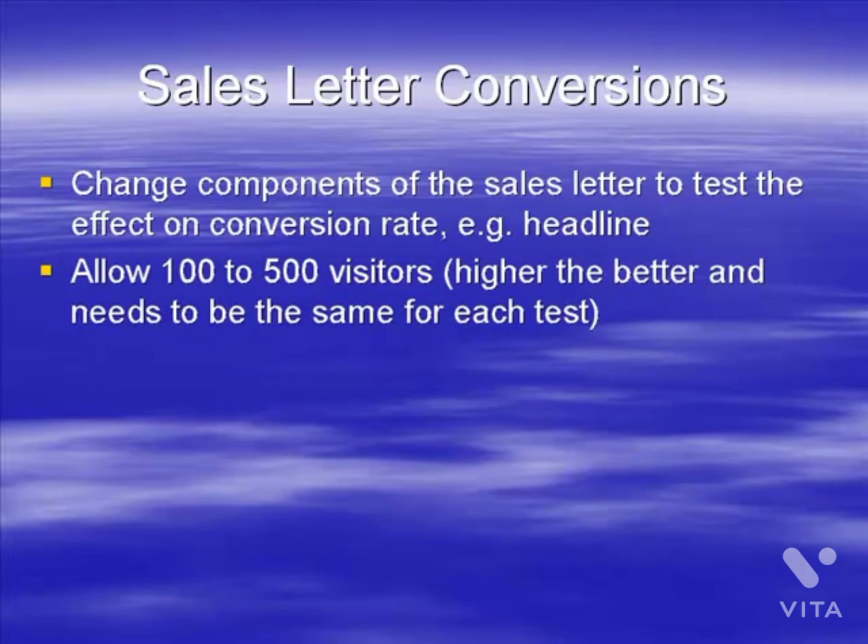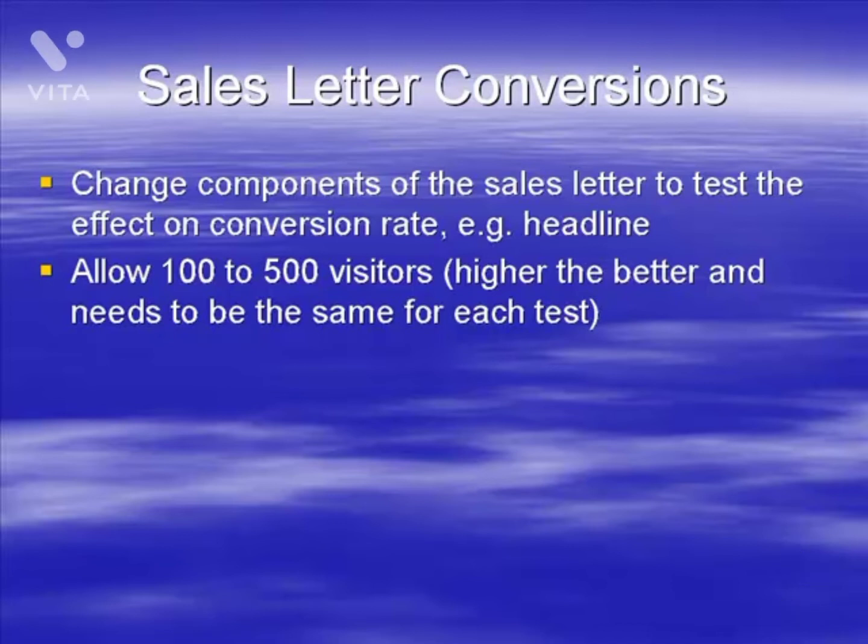You want to make one change at a time, and then you want somewhere between 100 and 500 visitors. Basically, the higher the better, because that way it allows you to get a statistically significant sample, which means that basically it's going to be accurate. What you need to do is for every single test you need to have the same figure.